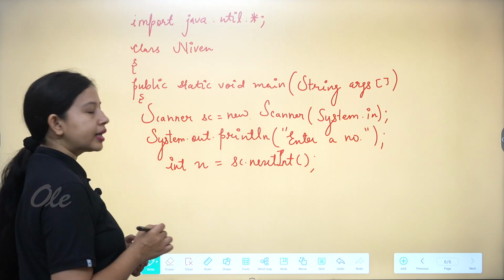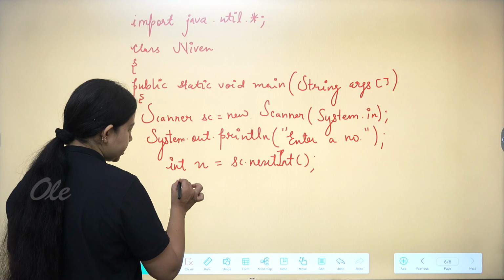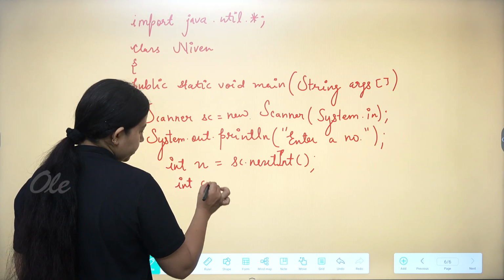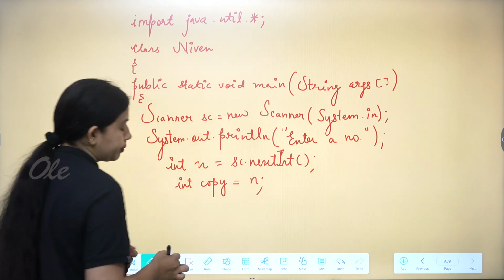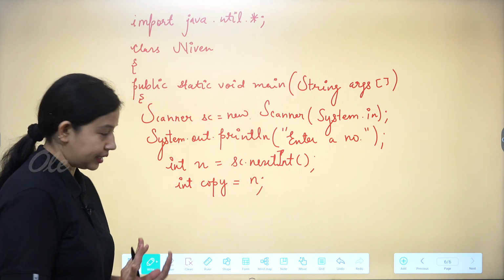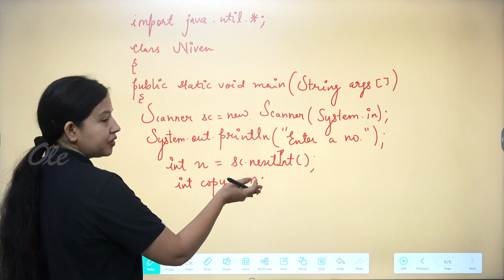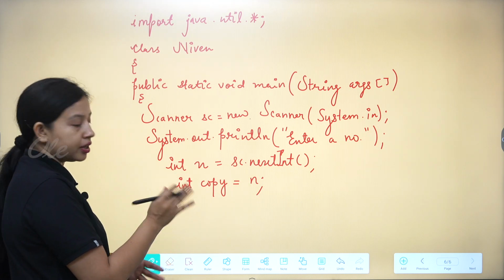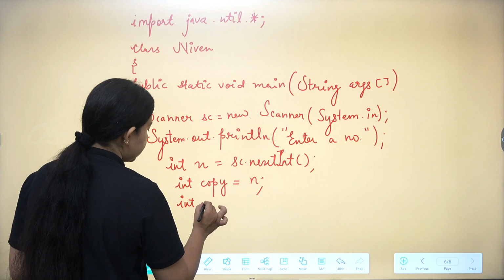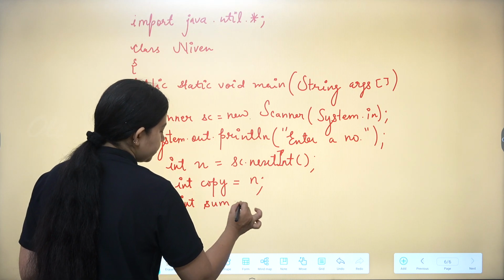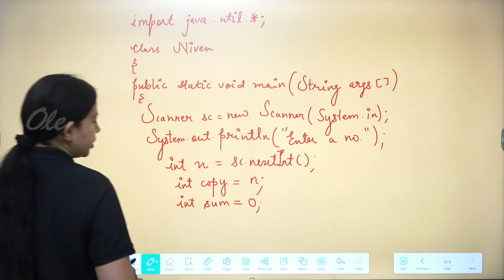Now it's time to declare more variables. Firstly, I'm taking the copy, which is going to hold the same number. Simply make it a photocopy of that number, so whatever the value of n, the same value for the copy. We need one variable that is called int sum. Initially it is 0.